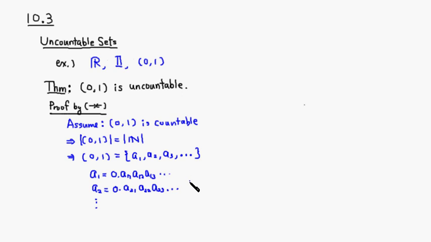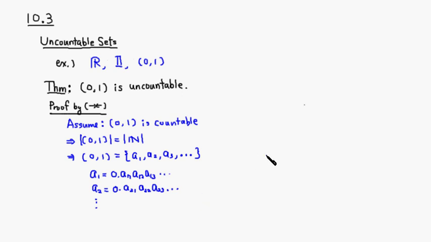And it would be a contradiction if we could find a real number between 0 and 1 which is not included in this list. So let's try to construct that.